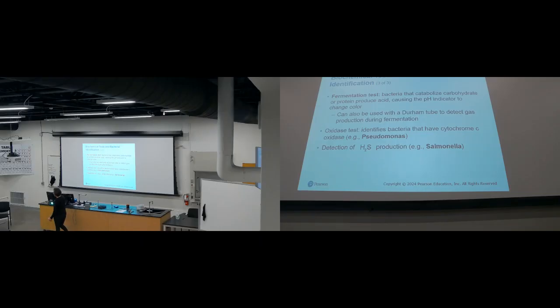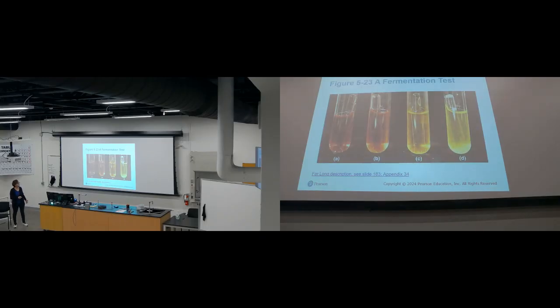And hydrogen sulfide is a gas, so that gas can be trapped in a Durham chamber, or can be seen in media like iron rich media and sulfur rich media that will have a change of color from yellow into dark color. But sometimes you can see just the bubble.